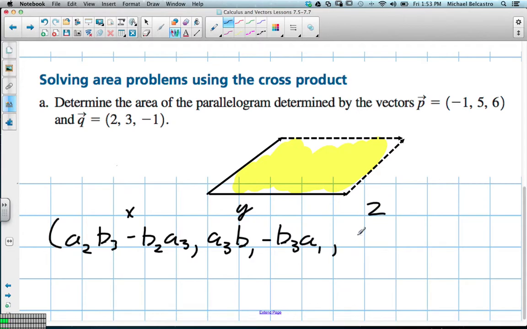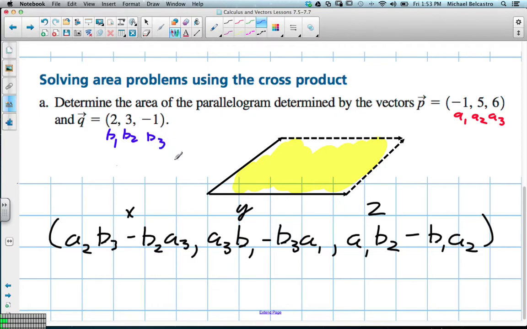And for z, we have A1 B2 minus B1 A2. Does that look right? I believe we got it. We'll call this A1, A2, A3, B1, B2, and B3. We'll plug our values in to find our new cross product vector.